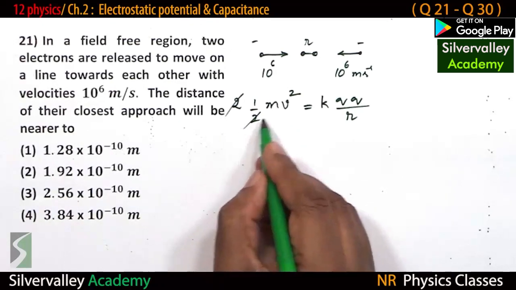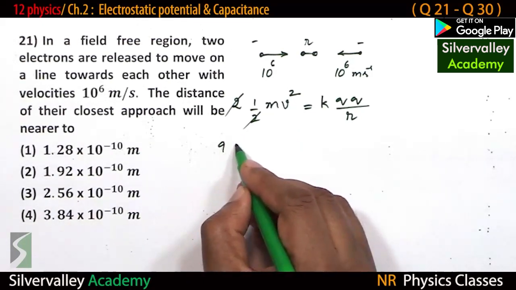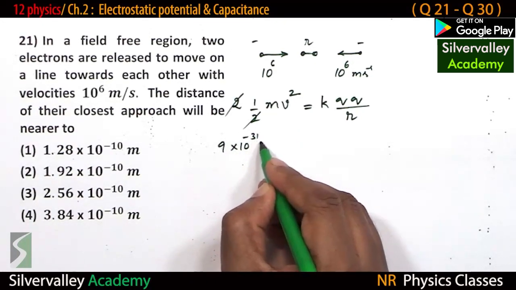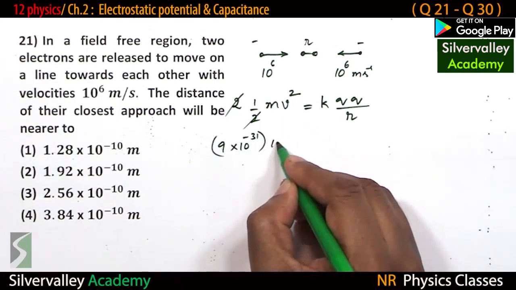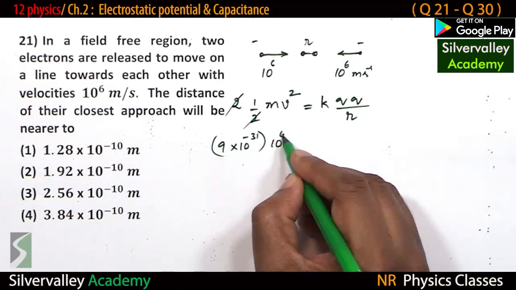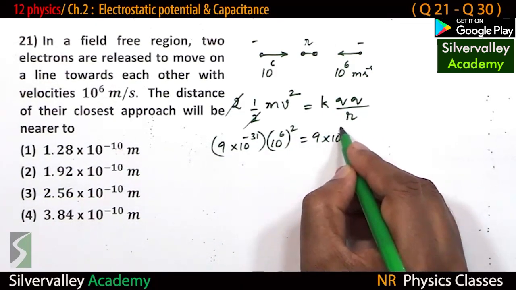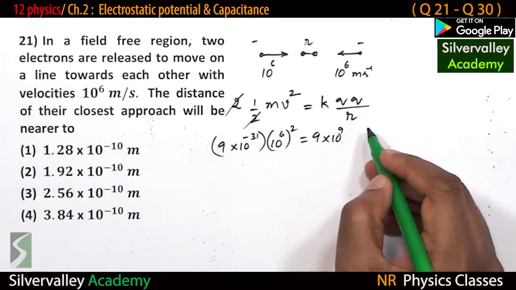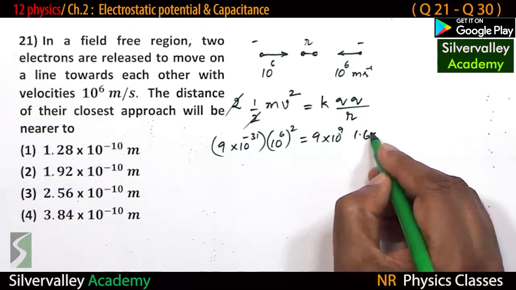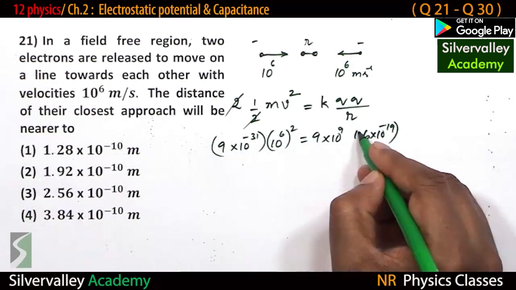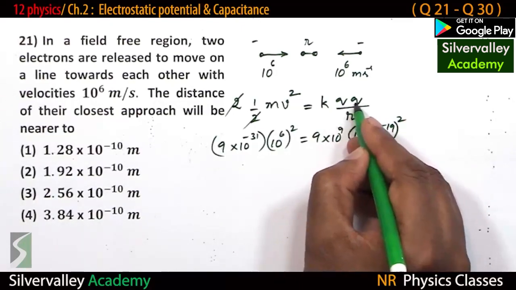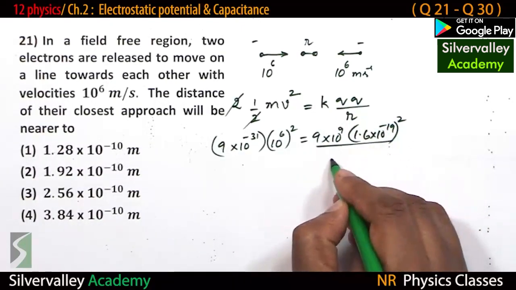Mass of electron is 9.1 into 10 power minus 31, velocity of electron 10 power 6 square, constant 9 into 10 power 9, charges 1.6 into 10 power minus 19 square because identical charges, by r.